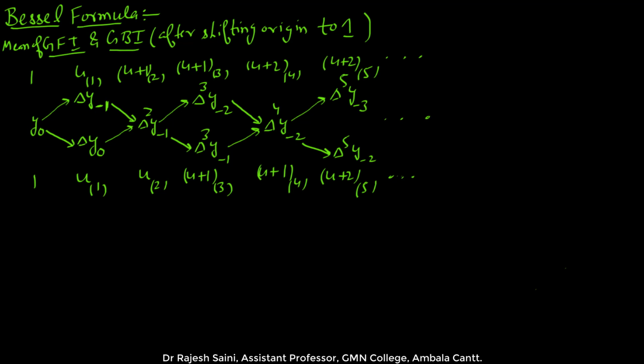Draw the center line. This is the horizontal line drawn in the center. Now the coefficients along this line and below will give the Gauss forward interpolation formula, and along this line and above will give the Gauss backward interpolation formula.